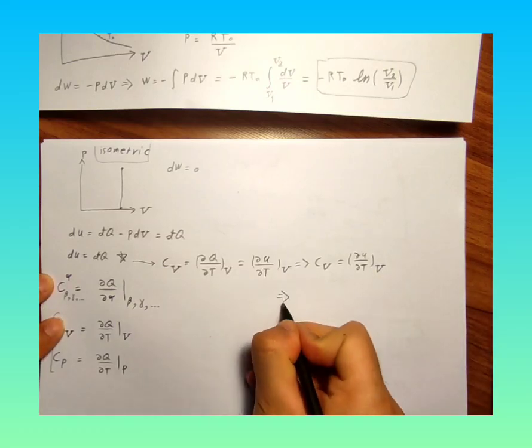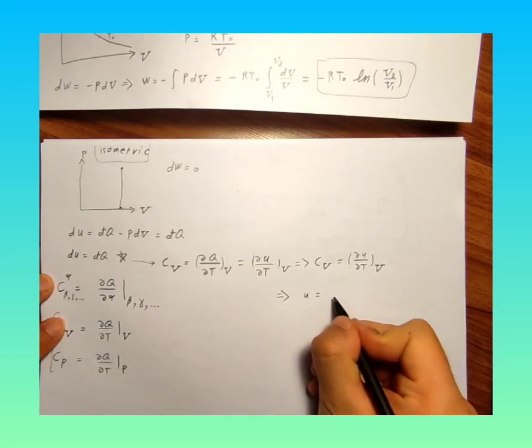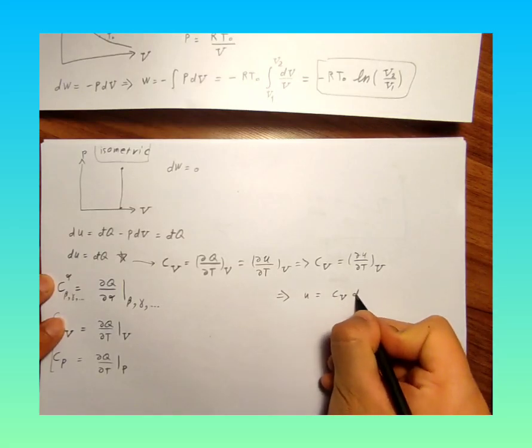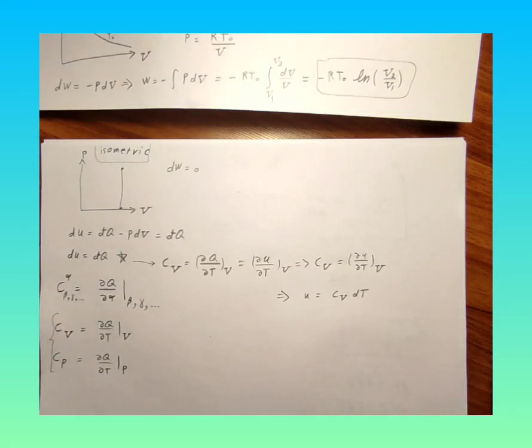And you can calculate the other relation: U will be the integral of CV dT. We have this relation everywhere, this is correct.